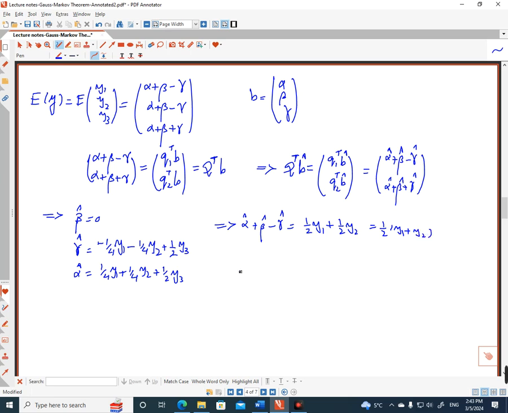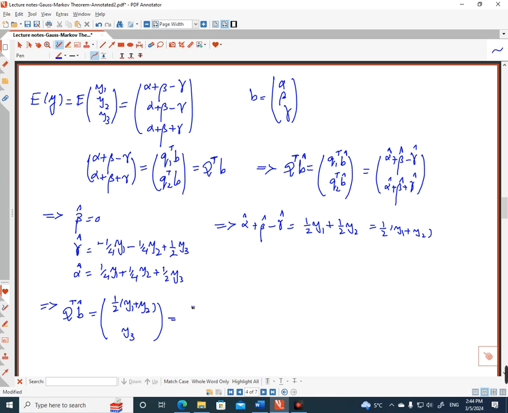So we can conclude that Q prime B hat has this specific form, half of y1 plus y2, and the other element we can easily get as y3.